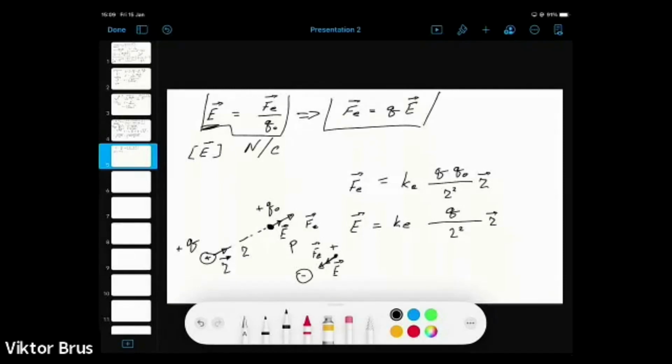So based on these examples, we can make a conclusion so far that the electric field of a positive charge always is headed from the charge, and of the negative one, it's always directed towards the charge. So these are key questions you should keep in mind.